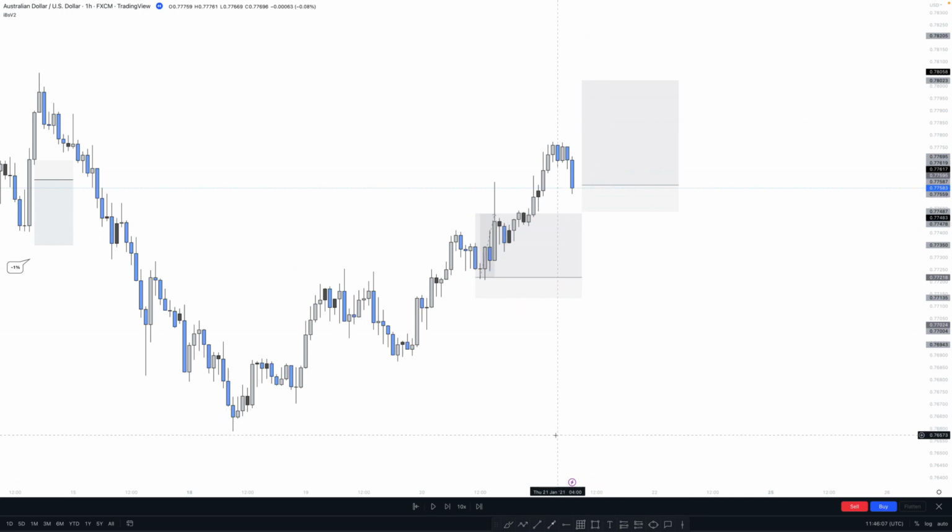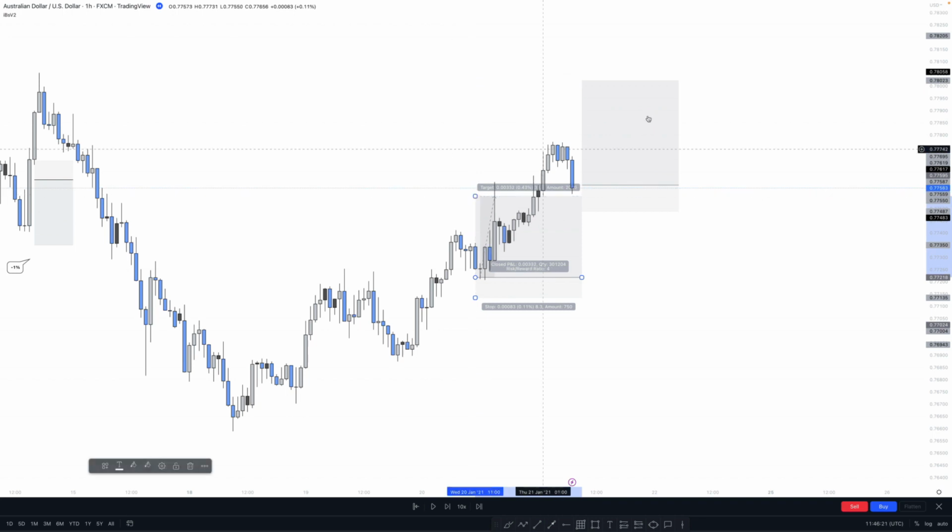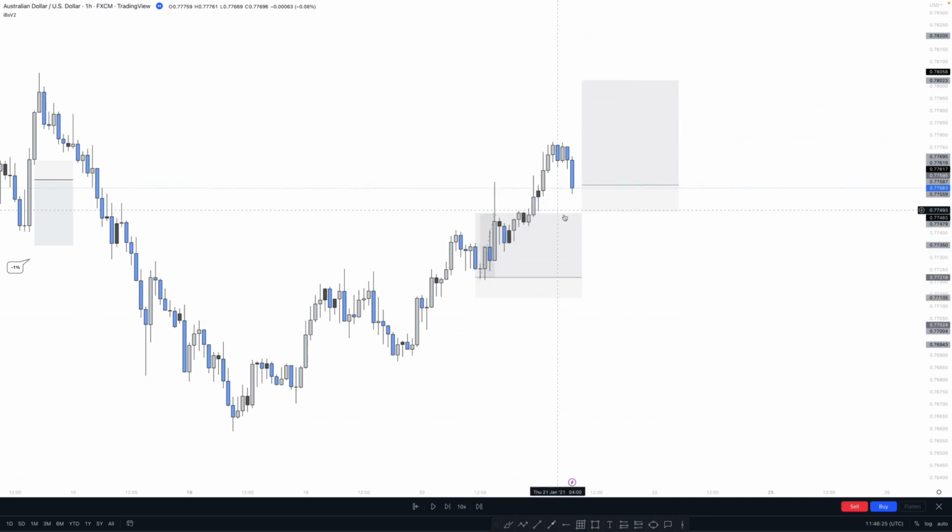Worst case scenario, you're still going to earn 2%. What is the best case scenario? Price reacts to this, breaking above and giving you 10% here and giving you 5% more here. So this is why, again, scaling is a must.